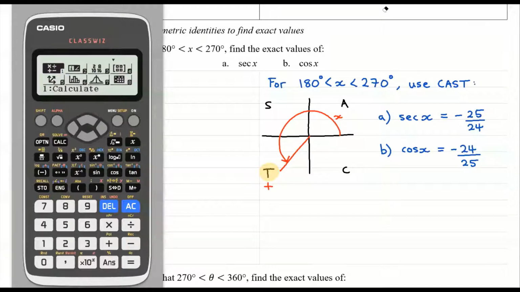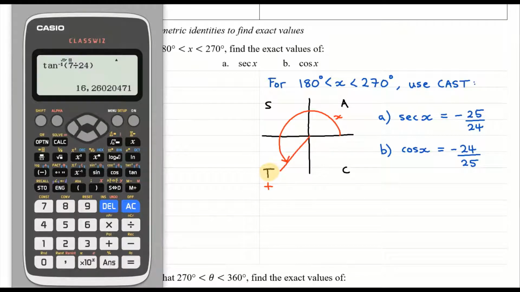Now, if you just wanted to check this on a calculator, what we were aiming to do was to find the tan of the angle x. So it was 7 over 24. If I just inverse tan that, now my calculator's set to degrees, so there's no problem there. Remember, this is the principal angle, essentially.